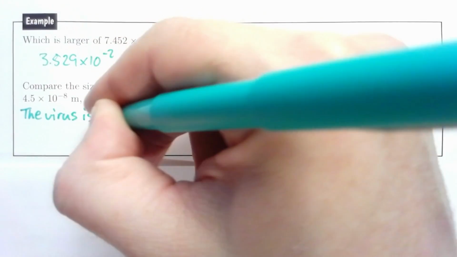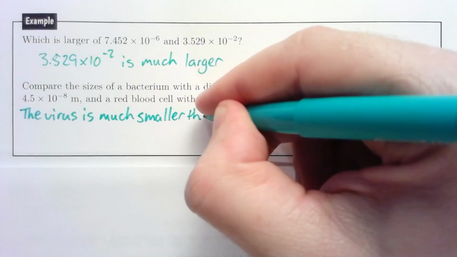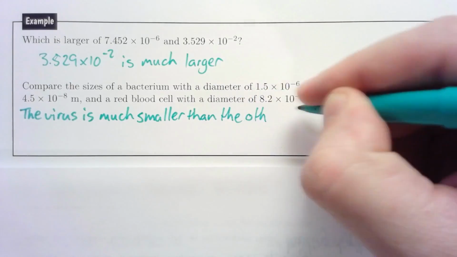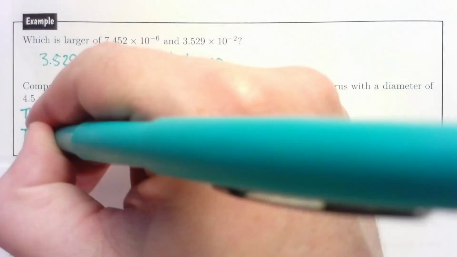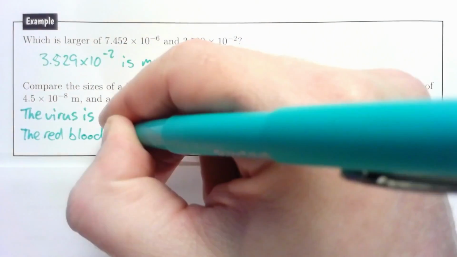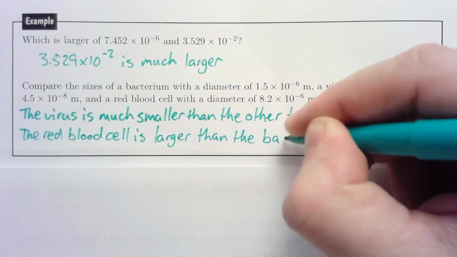So we start by looking at the order of magnitude. Both the bacterium and red blood cell are comparable because they have the same order of magnitude. The virus, on the other hand, with 10 to the power of negative 8, is much smaller than the other two. Now, of the two larger ones, the red blood cell is larger because 8.2 is greater than 1.5.